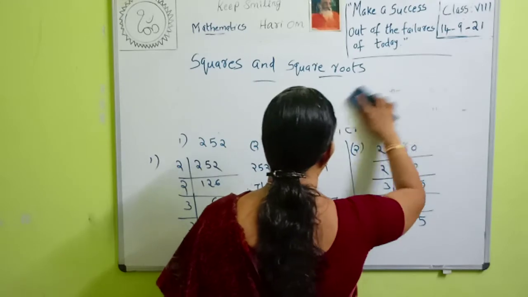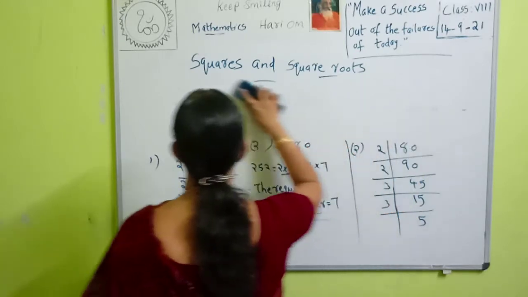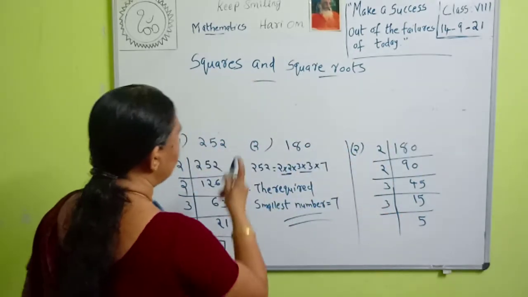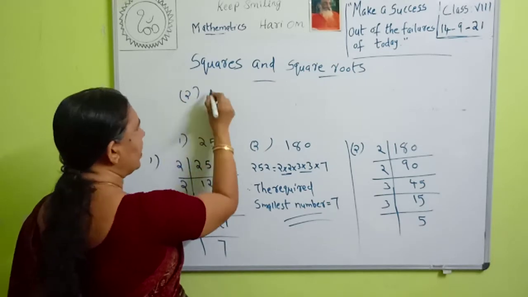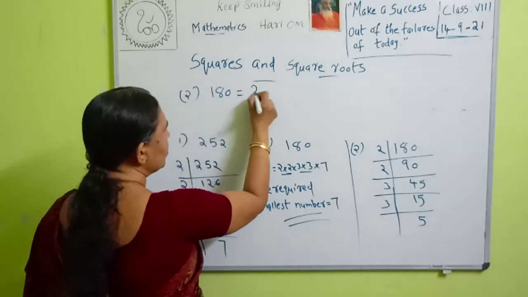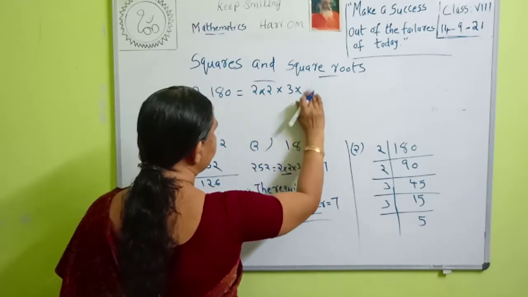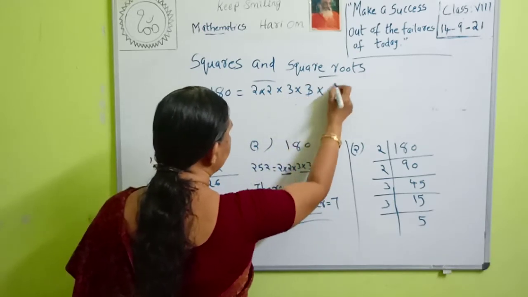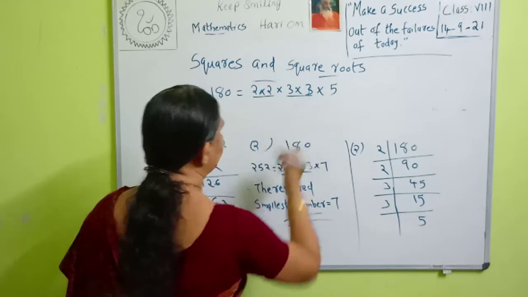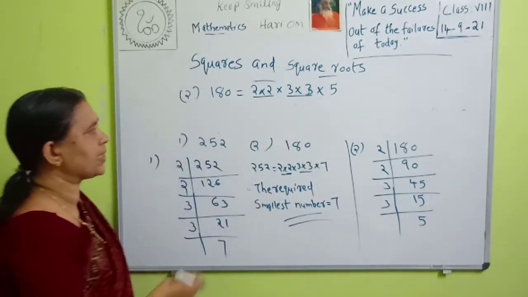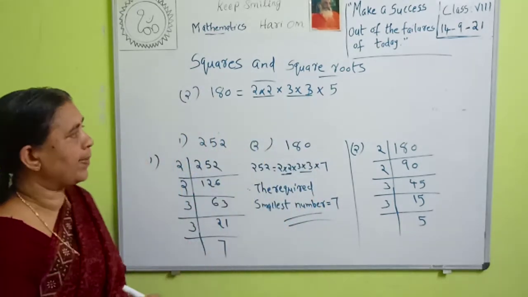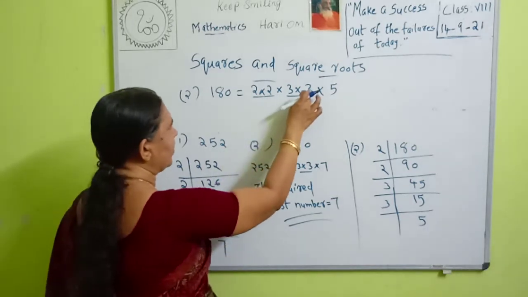Write it here. Okay. 180 is equal to 2 into 2 into 3 into 3 into 5. Then 2 is in pair, 3 is in pairs, but 5 has no pair. So if we divide the number by 5, then we will get a perfect square number.